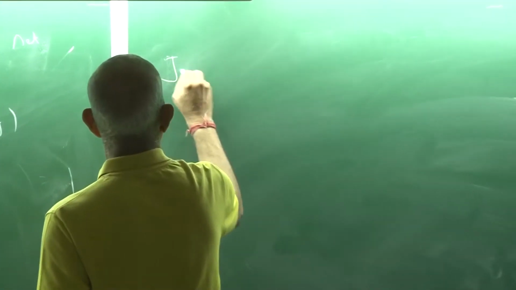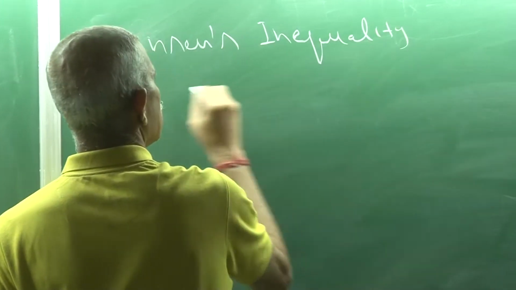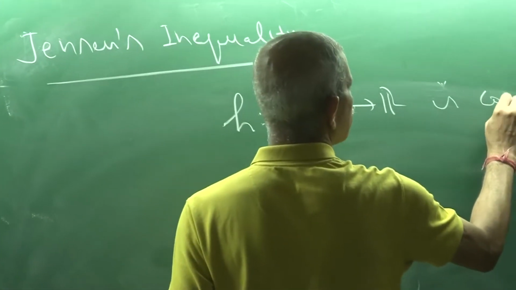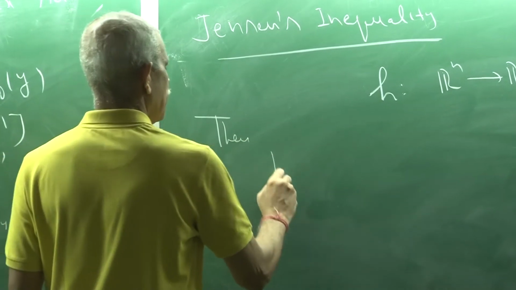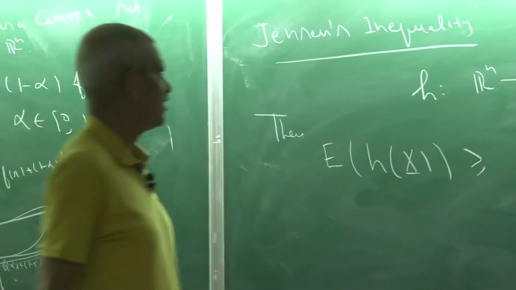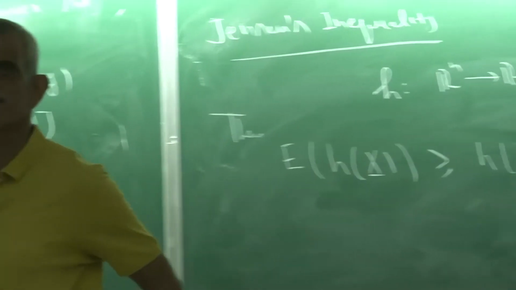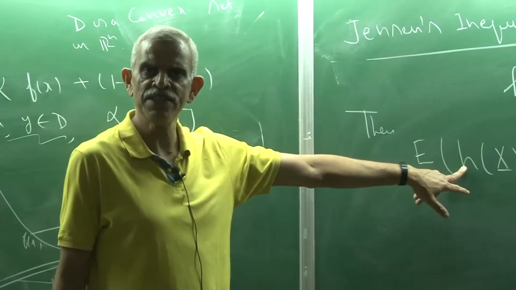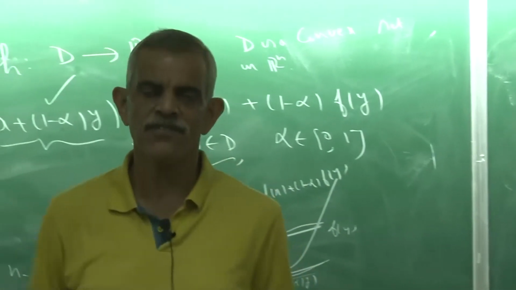What it says is, if you have a function h from Rn to R that is convex, then the expected value of h of X would always be greater than or equal to h of the expected value of X. So what it says is, provided expectations exist, if you take the average of h of X, that would always be greater than or equal to h applied on the averages of X's.